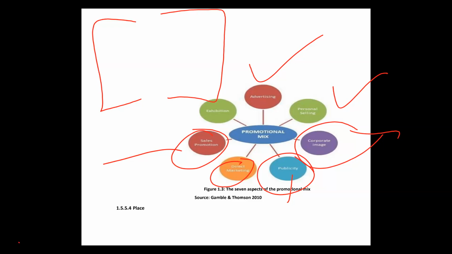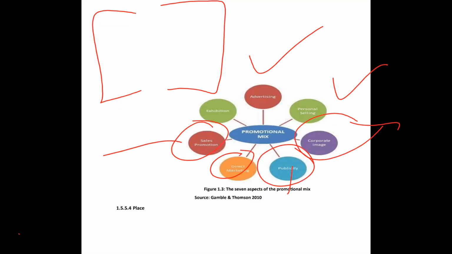For example, when you are doing promotions, again, you have to put your promotions around specific days that people have income, right?